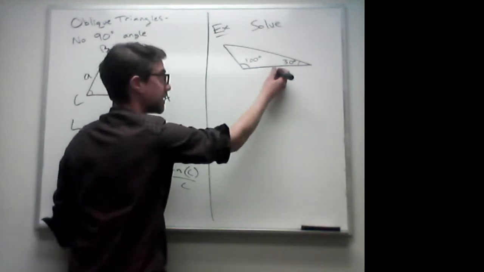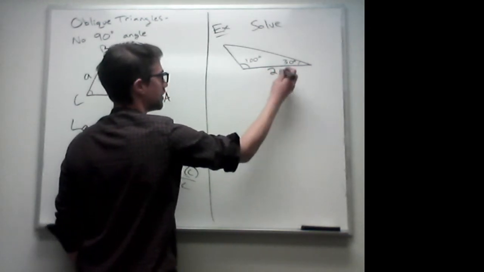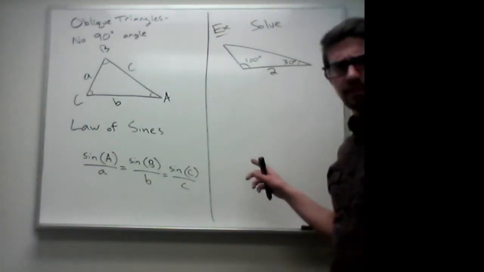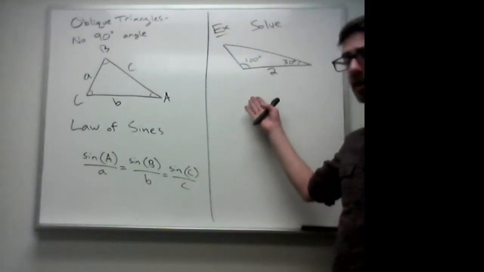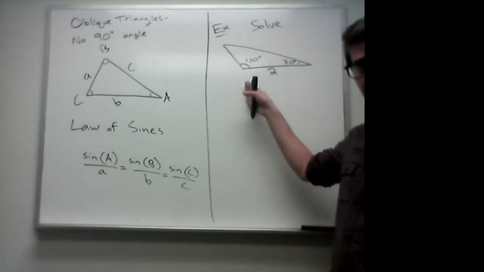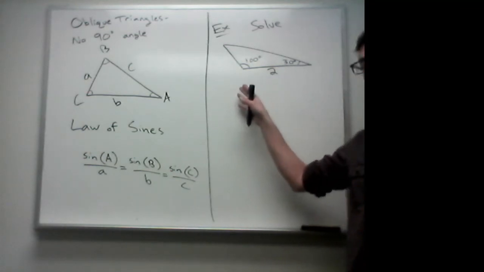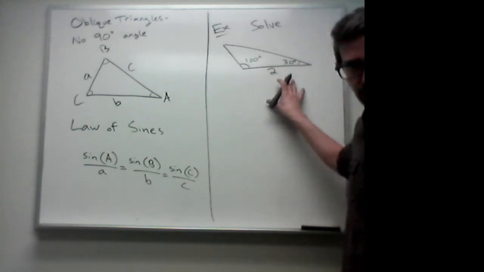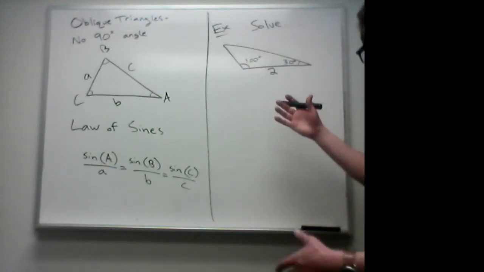And the length of this side is 2. Okay, so that's an oblique triangle. It does not have a 90-degree angle. If you just charged ahead and tried to use something like the Pythagorean theorem on this, you would realize there's no hypotenuse, so it doesn't apply.